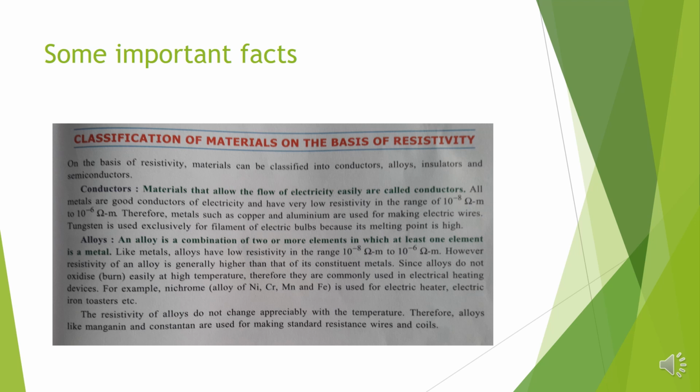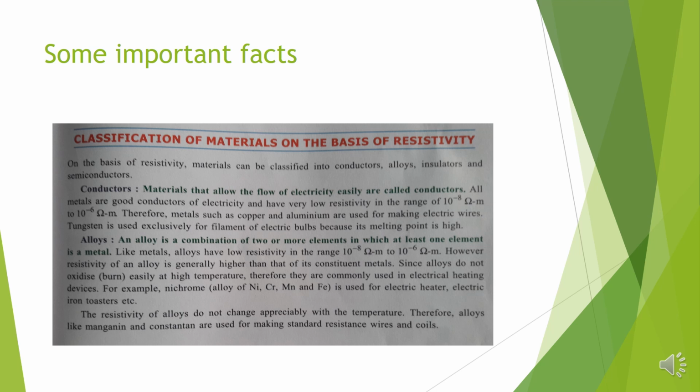And alloys have low resistivity in the range of 10 to the power -8 to -6 ohm meter. However, the resistivity of an alloy is generally higher than that of its constituent metals. That means, as I told you, an alloy should have a metal, and that metal will be a better conductor than its alloy.